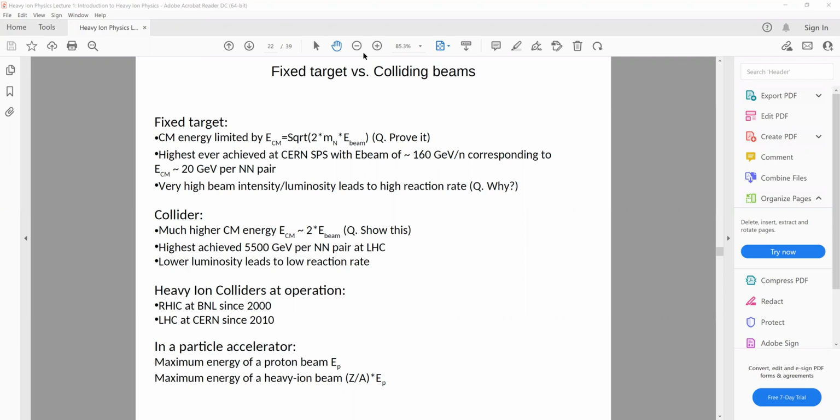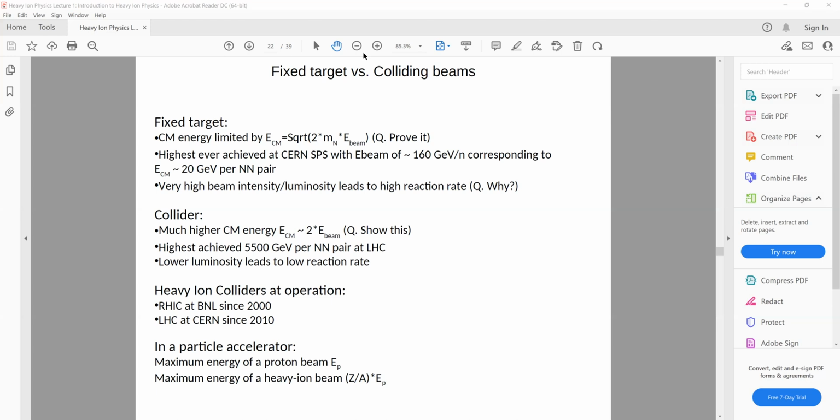However, when we talk about the energy per nucleon, you have to consider both neutrons and protons, because ultimately you are accelerating the entire nucleus. So the energy per nucleon will be Z into EP by A. In the denominator there is A, the entire mass number of the nucleus.